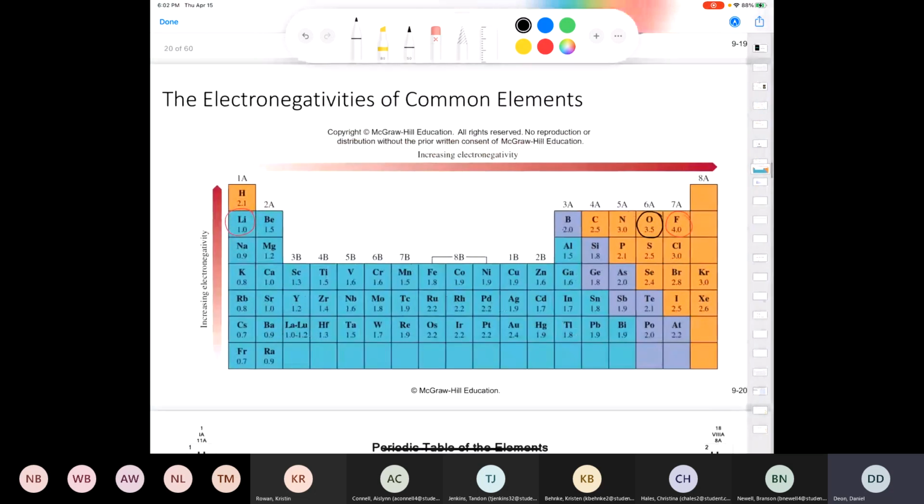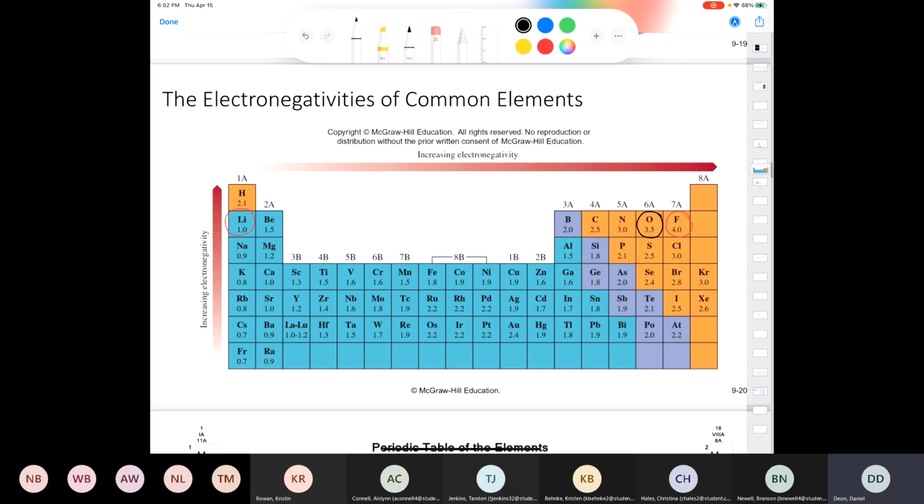So what's the trend? The trend is, as you saw, as we go across the period, like as we went across the second period, electronegativity increases. Now, I'm not going to go into the full treatment as to why that is at the moment, but I need you to know just the trend for right now, that as we go across the period, from left to right, electronegativity increases, and electronegativity decreases as we go down a group.